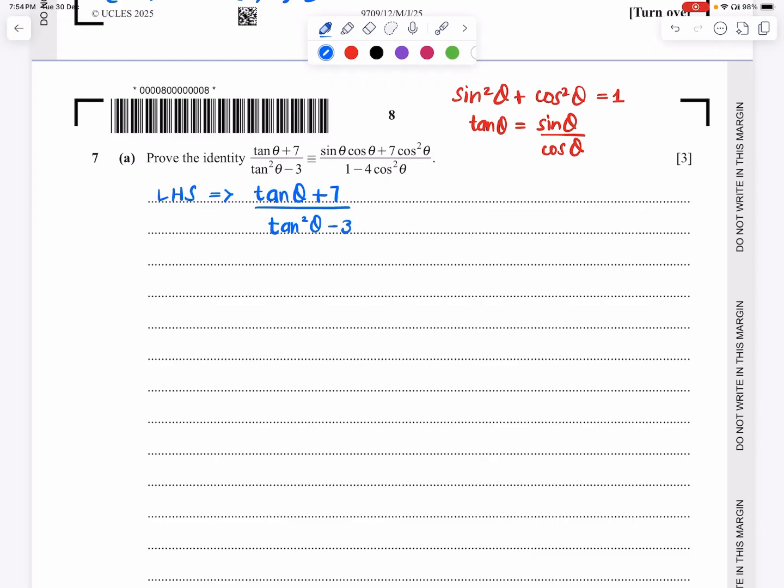First of all, I can say that tan theta can be written as sine theta over cos theta plus 7. And you can also say that if I square this entire thing, that is also correct.